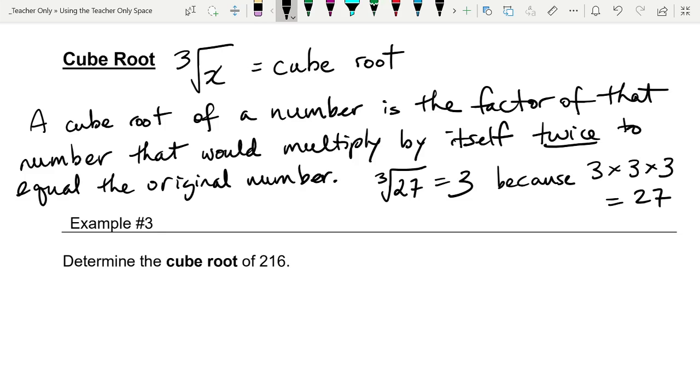And maybe I'll just write it up here. Just like square rooting is the opposite of squaring, cube rooting is the opposite of cubing. And hopefully you know that the word cube is just like the shorthand nickname for taking something to an exponent of 3.